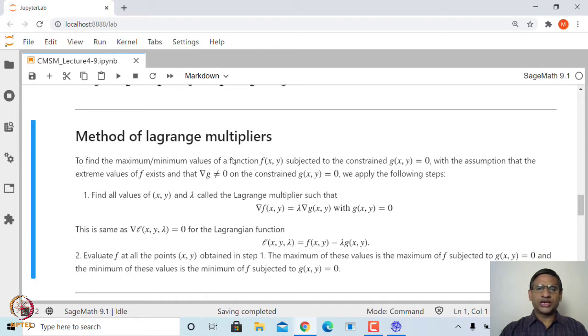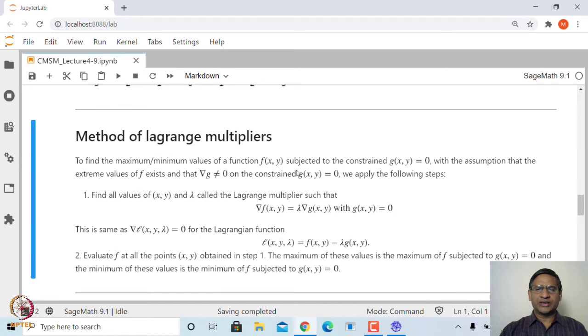Okay. So, you are looking at finding maximum and minimum value of f(x, y) subjected to g(x, y) equal to 0. Geometrically we saw what it means, and let us assume that gradient of g is non-zero. So, the set of points at which g(x, y) equals 0 is a curve. Such a curve is called a regular curve.